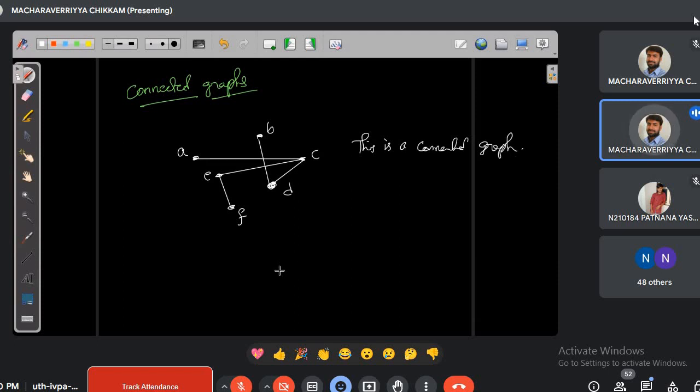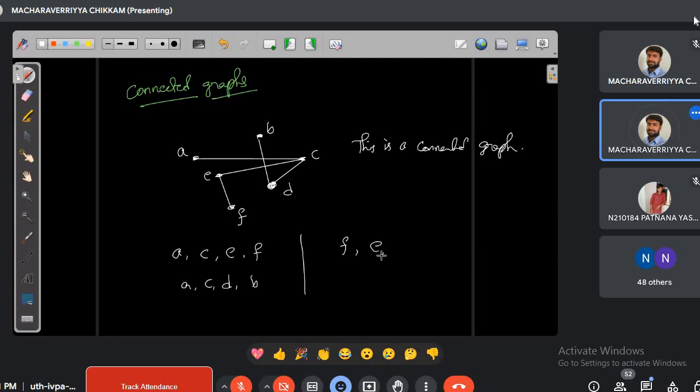Why? Because between any pair of vertices, I can always find a path. From A to F, if you ask me for a path from A to F, I'll give you A, C, E, F. This is a path from A to F. And if you want a path between A and B, all right, A, C, D, B. Now I hope you can even go from F to D also. What is the path from F to D?